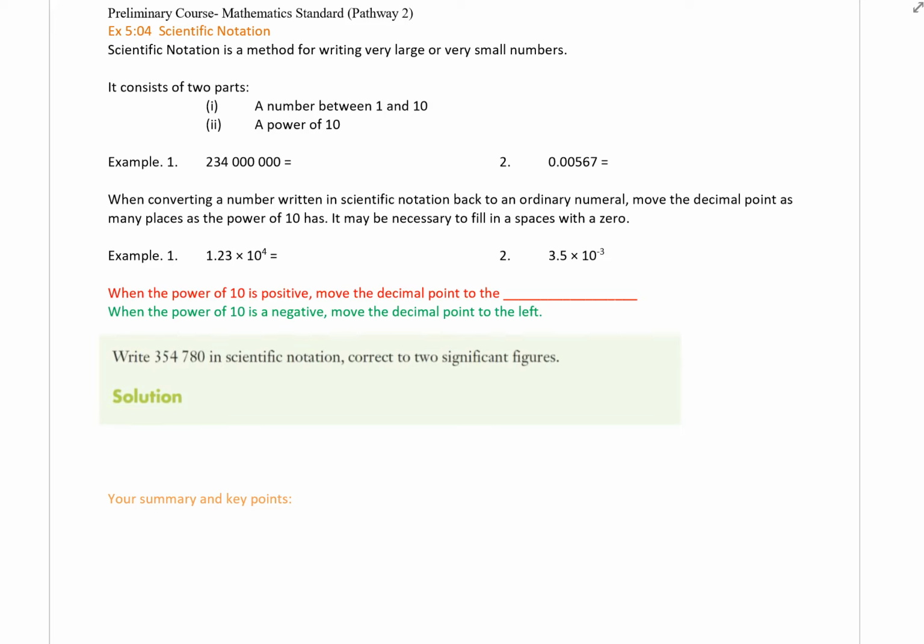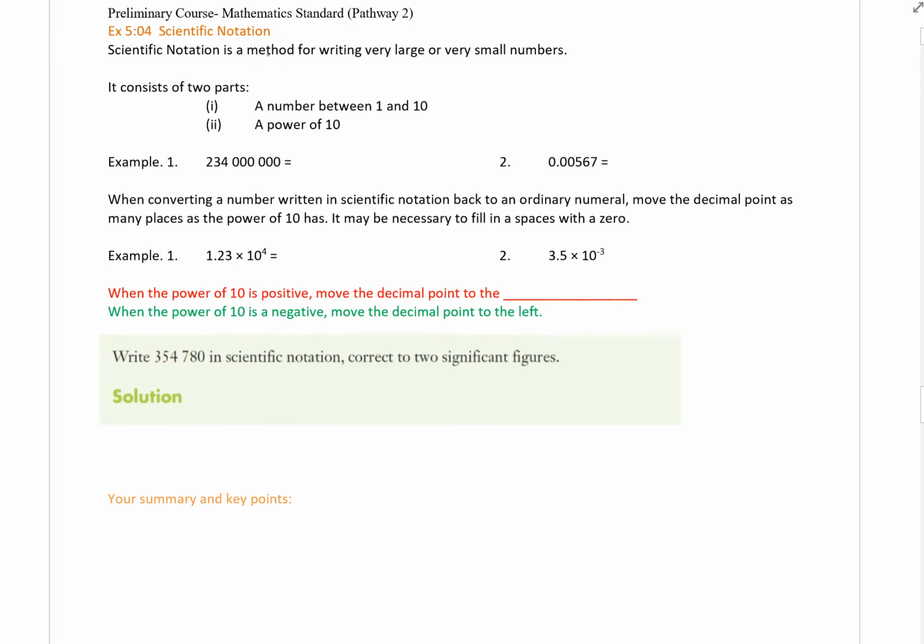In exercise 504, we look at scientific notation. Now, please just be aware that scientific notation is different to significant figures. In scientific notation, we're not always rounding a number.